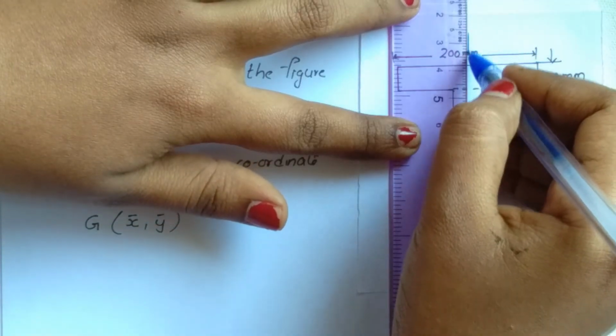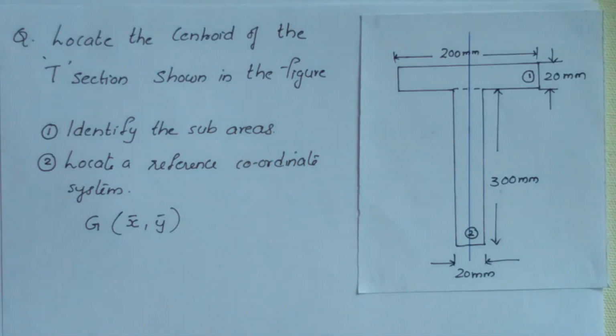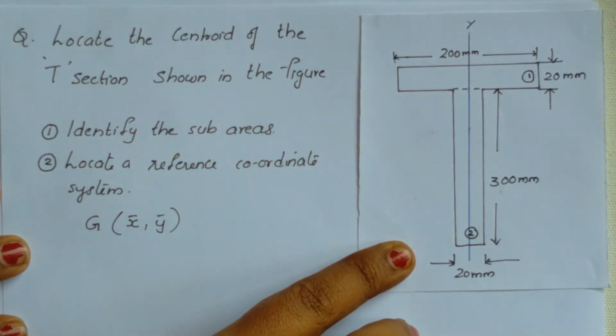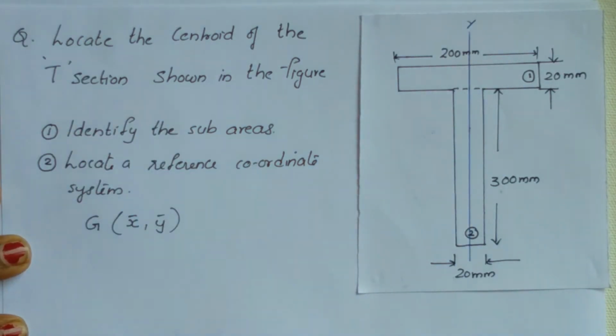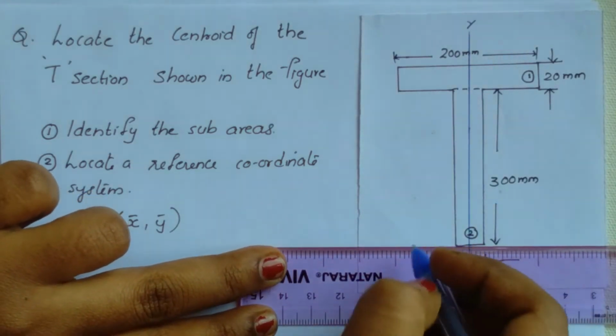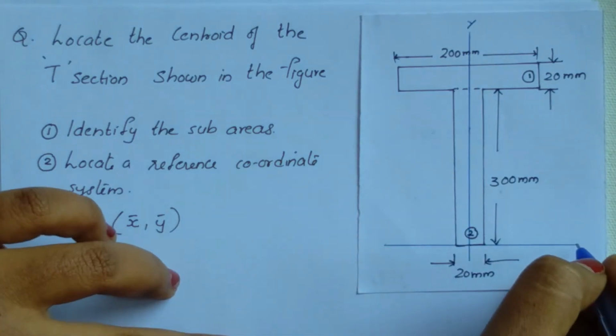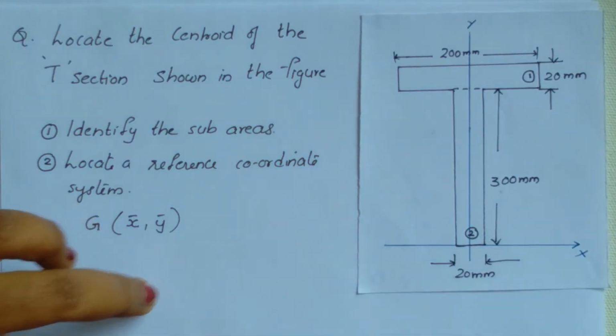So I will draw the y-axis here. Now we need an x-axis. For convenience, let us take the x-axis along the bottommost portion of this T section. So let this be the x-axis.